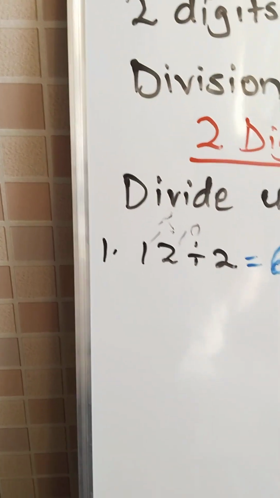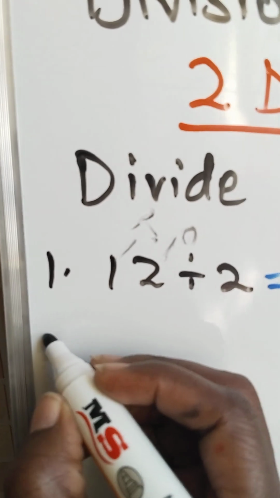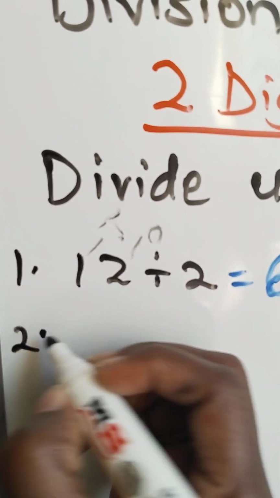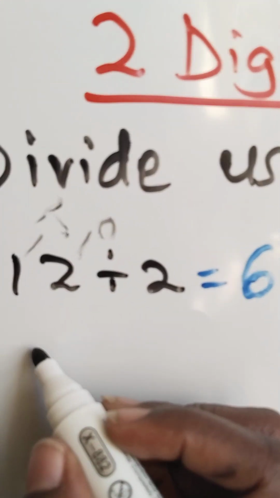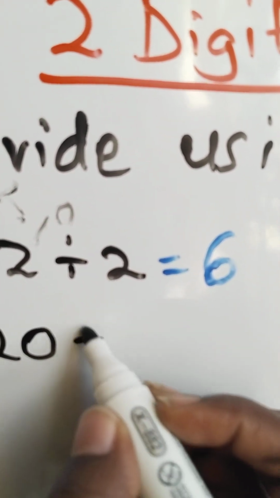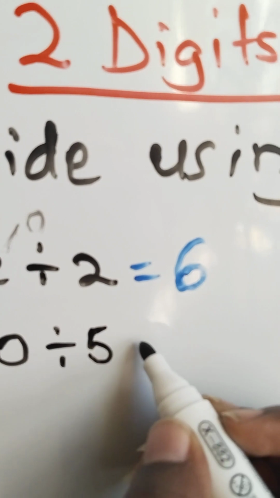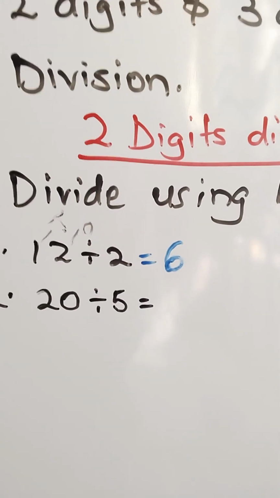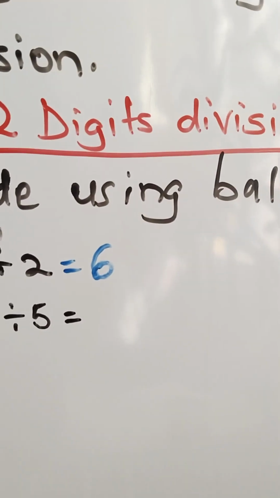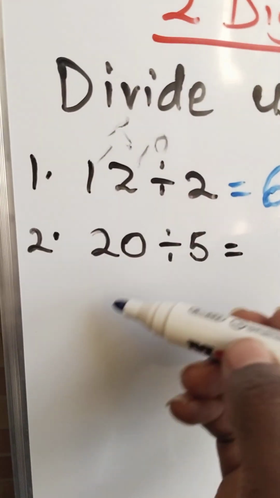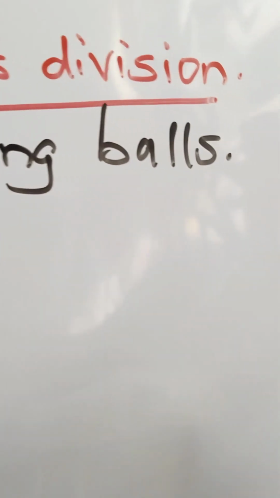Okay, kids, that is very easy, right? So we can try number 2. Number 2, let us say 20 divided by 5. So when we have a number like 20 divided by 5, what do we do? We said we go to the other side of our paper. You don't come here and do it. You go to the other side.